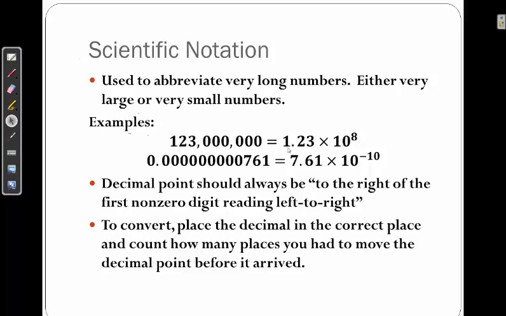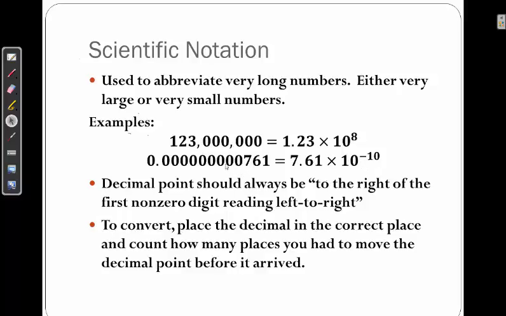And that is equal, if you multiply that out on the calculator, literally take 1.23 times 10 to the 8th, you will get that. And this number, with lots of zeros, is 7.61 times 10 to the negative 10th. And again, if you multiplied that out on your calculator, you would get this number.